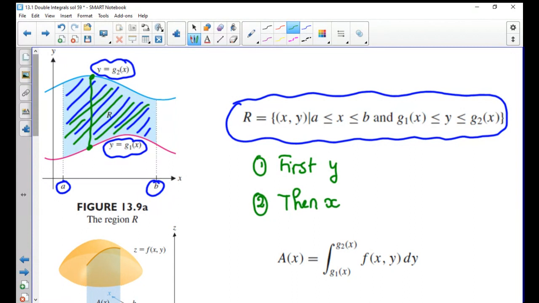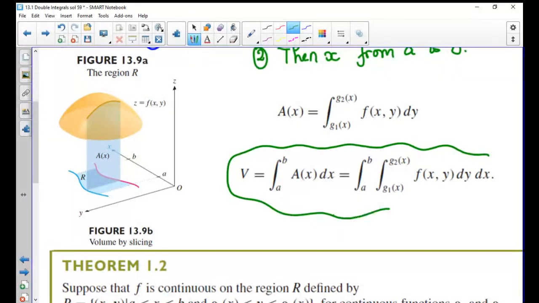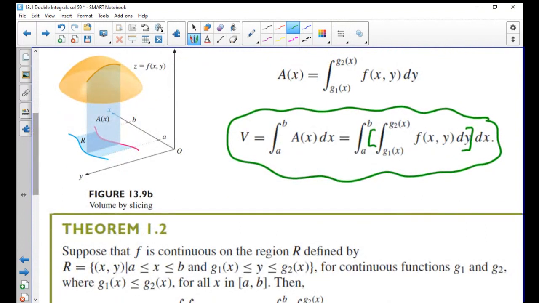And the y from g1 to g2, and then x from A to B, like this. So you need to do it in that order. First with respect to the y, and then with respect to the x.